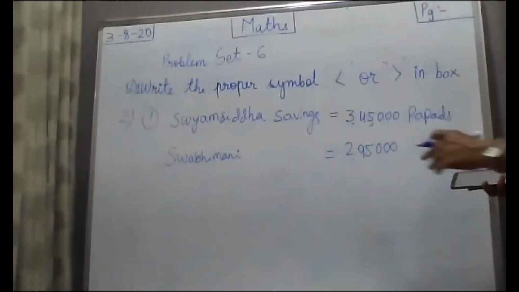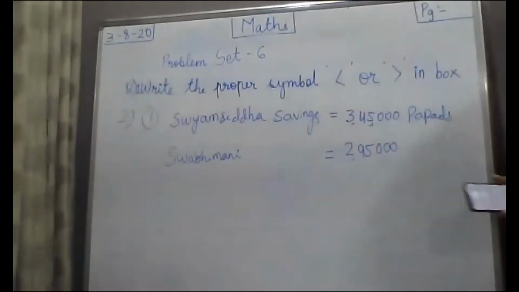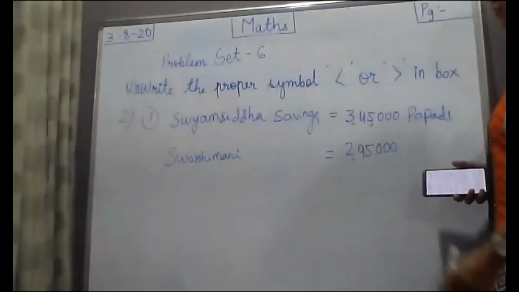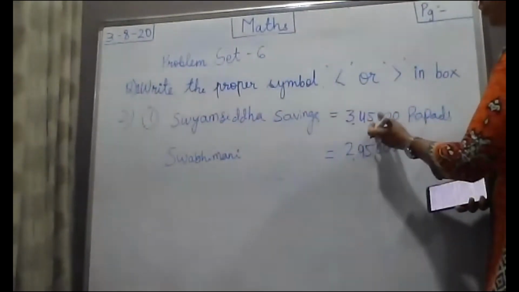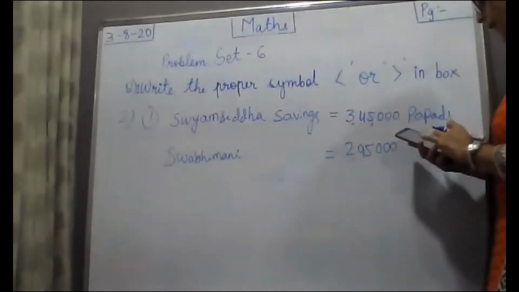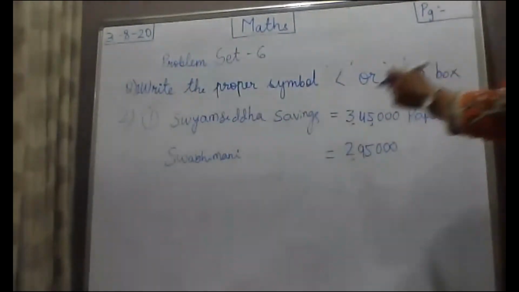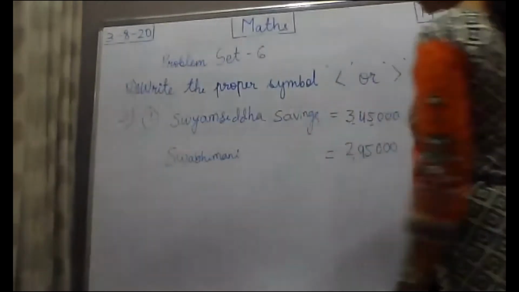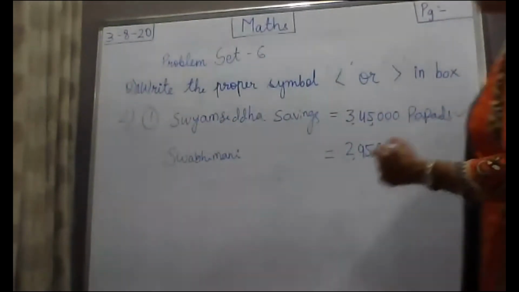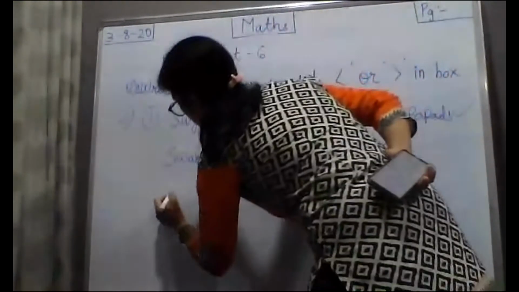So Swayam Siddha Savings is 3,45,000 and Swabhimani is 2,95,000. From here you can find out which group made more papads, whether Swayam Siddha or Swabhimani. Yes, these made more papads. So what you have to write? Swayam Siddha.